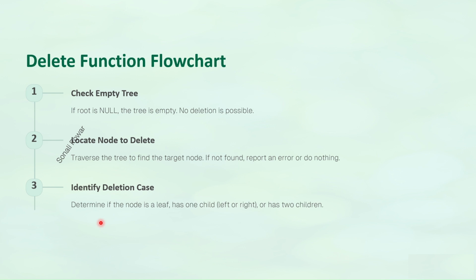There are 3 possibilities. The node is a leaf node. It means it does not have any children. Second case is the node has one child. It means it has either a left or right child. Number 3 is the node has 2 children. Each of these cases is handled differently in the deletion algorithm.